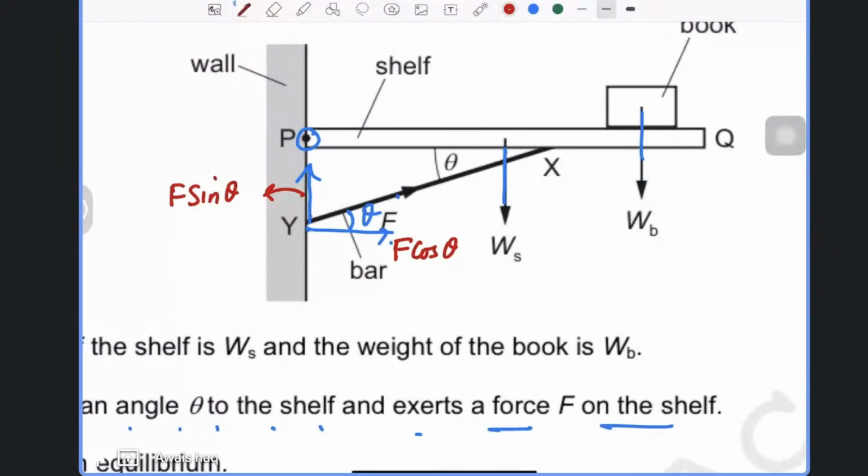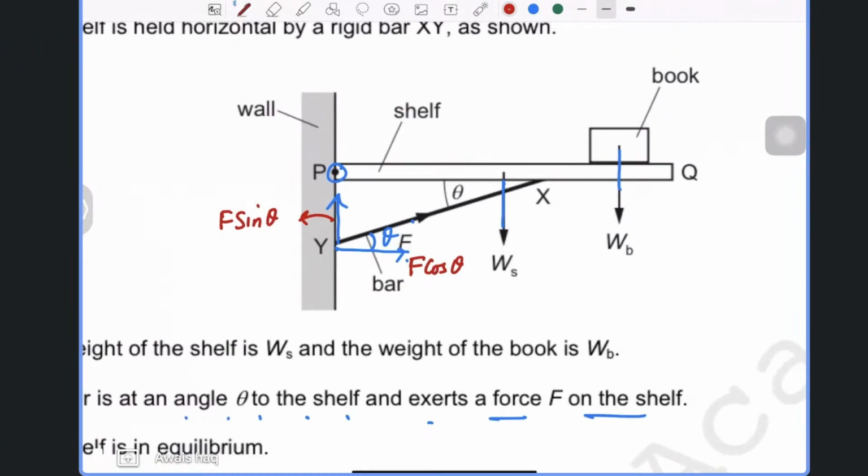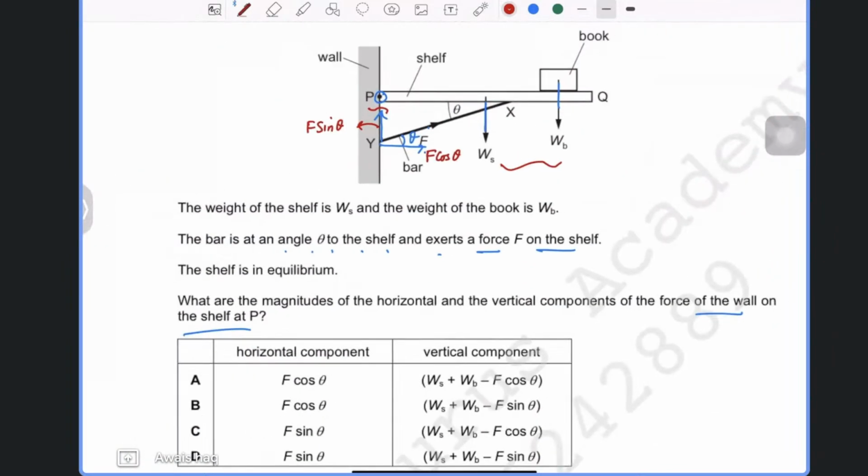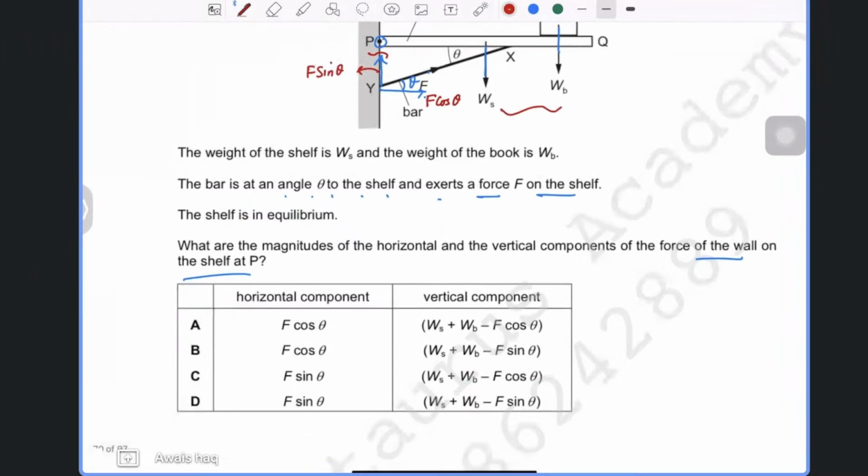So then, if you notice that there is one upward force and two downward forces, which makes the resultant force WS and WB added up and minus F sine theta.